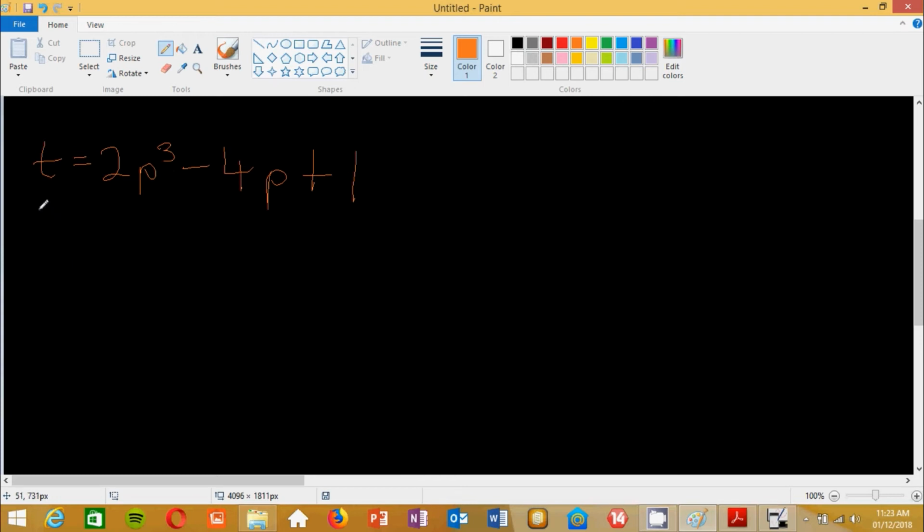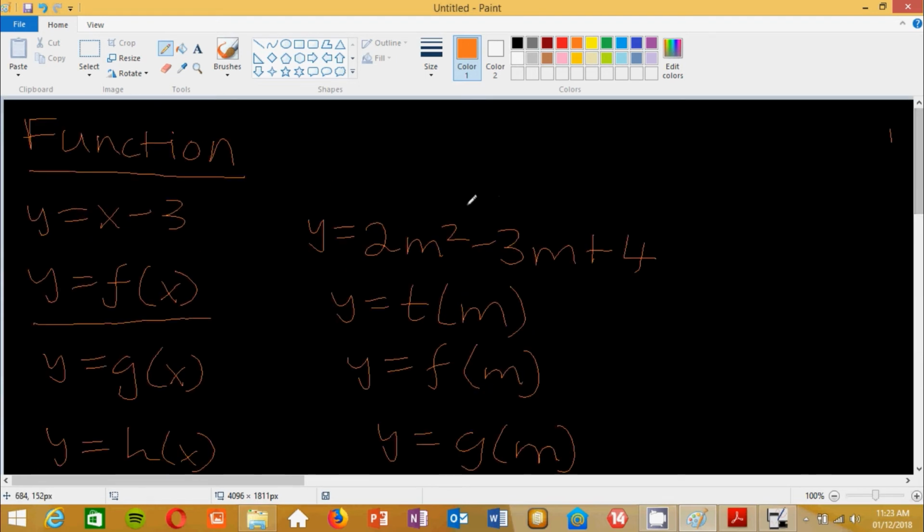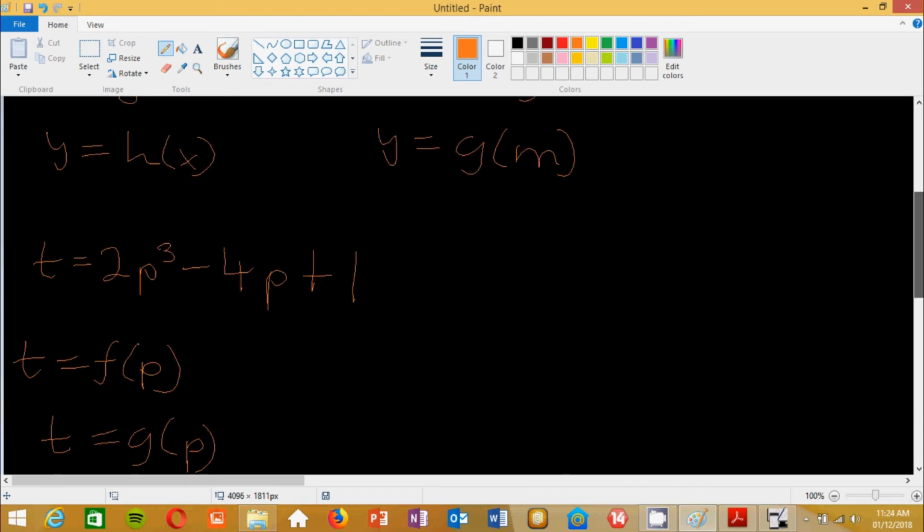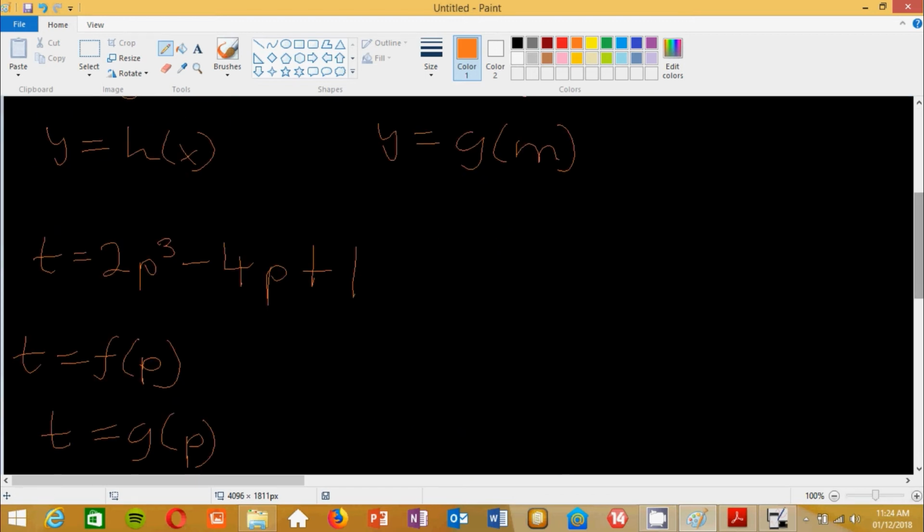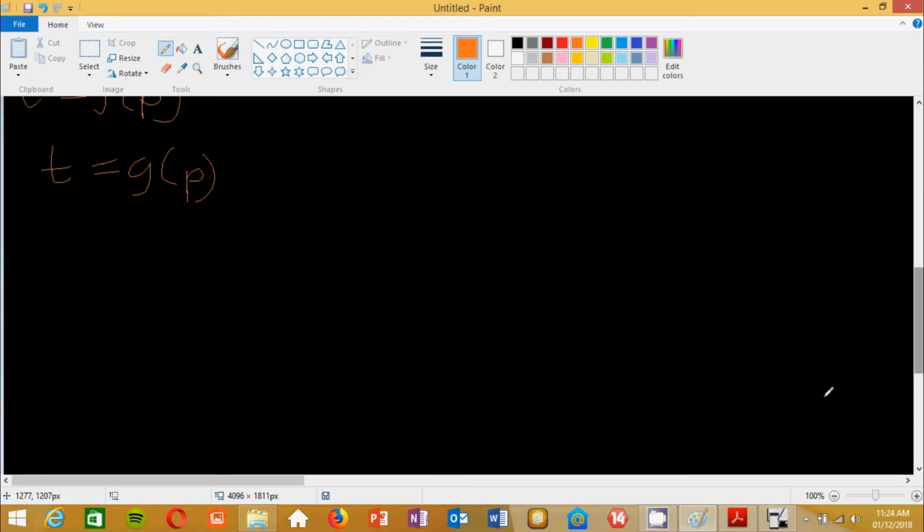So in this case, we say that this t here is a function of p. We can give it any letter. I'm trying to stress the point that this letter can be anything. So I think now you have a proper idea of what a function is. Whenever you have this situation, that's what a function is.